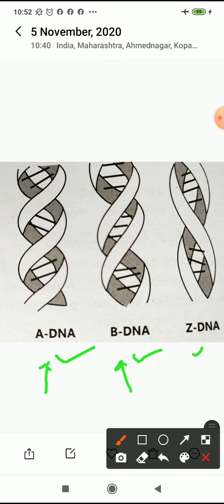B form has 20 angstrom diameter. Here, 23 angstrom diameter. Bases are tilted more in relation to the axis of the helix than B DNA. A DNA may occur under experimental conditions.